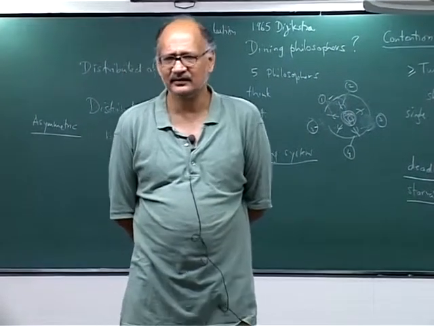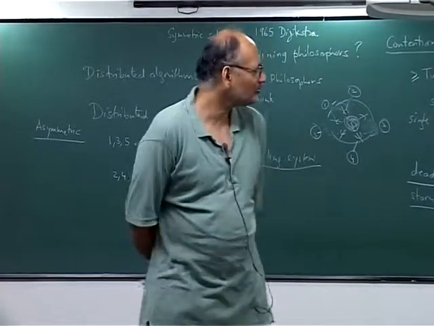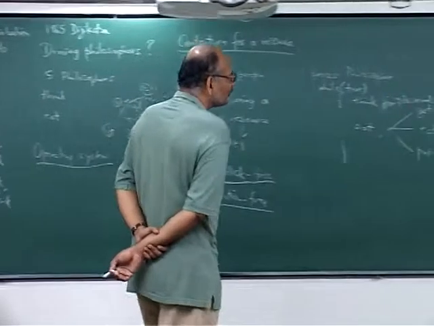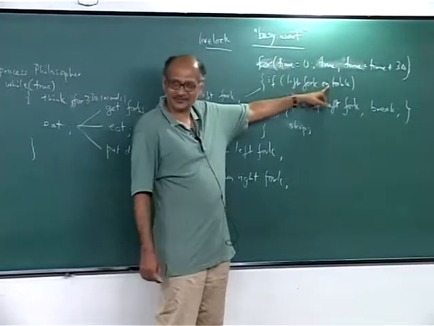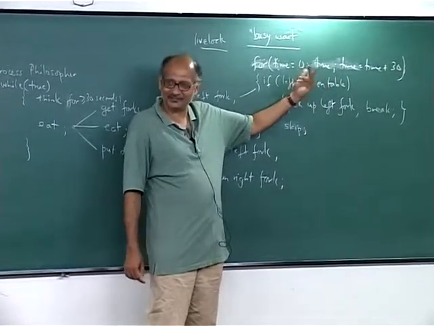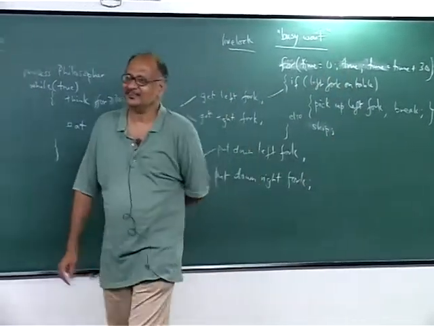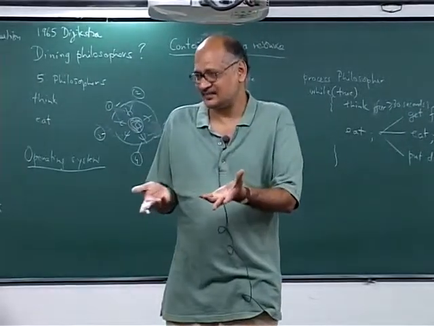No, but let's see. When you're saying ask for the fork, you mean executing this test, right? So you have to record the time at which this test happened, right? So again, that will be another data structure.